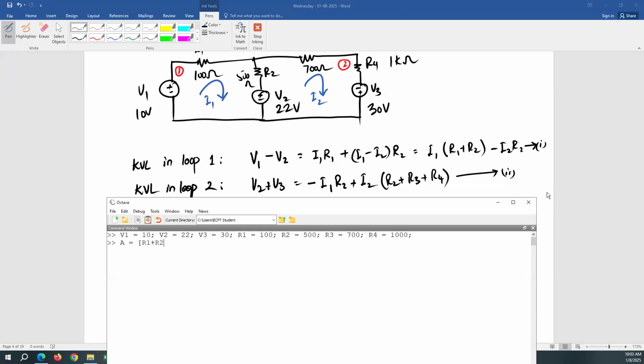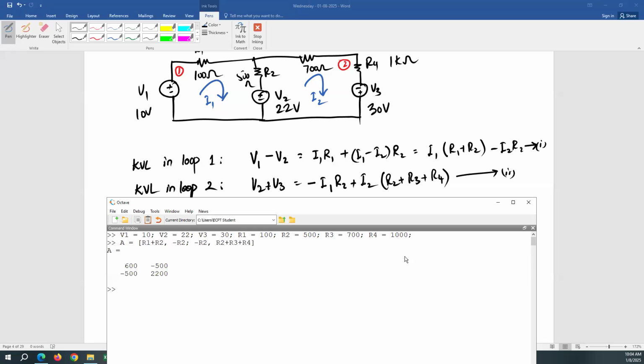The second row is negative R2 and R2 plus R3 plus R4. That's my coefficient matrix, the coefficients of I1 and I2.